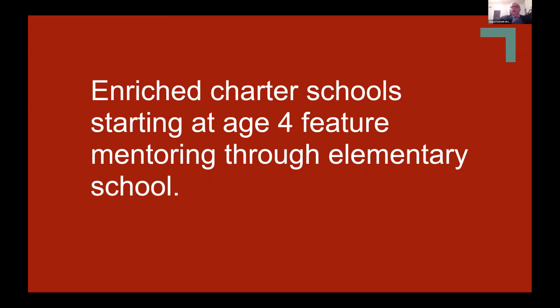For example, if we look at children somewhat later in life, these are poor kids in the Chicago area. They start at age 4, and it features mentoring through elementary school. These are very poor kids, but each child is mentored. And so this parenting, which is missing in a lot of disadvantaged families, is supplied by these programs.